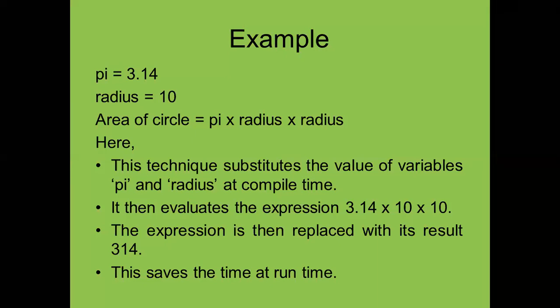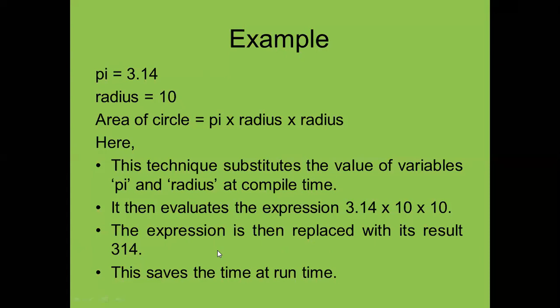It then evaluates the expression 3.14. Here you already know the value of pi is 3.14 and the radius is given. Now you can see the expression is then replaced with its result, 314.